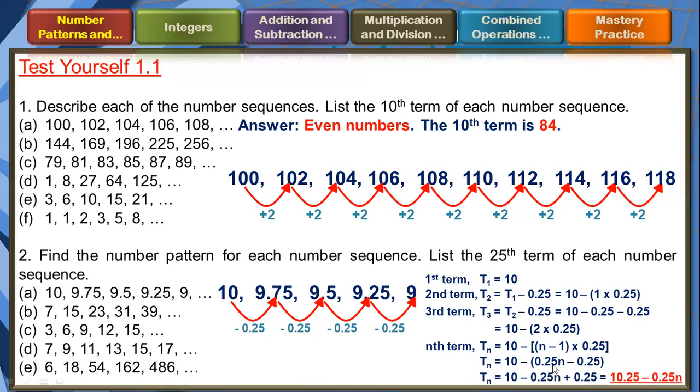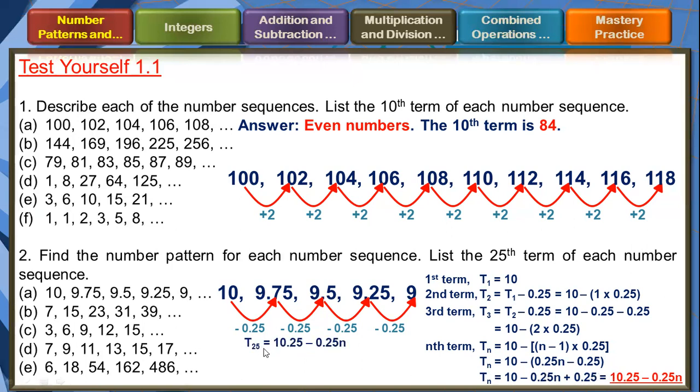Because this one is minus, times minus, that is plus 0.25. So this is equal to 10.25 minus 0.25n. Where did we get the 10.25? 10 plus 0.25.